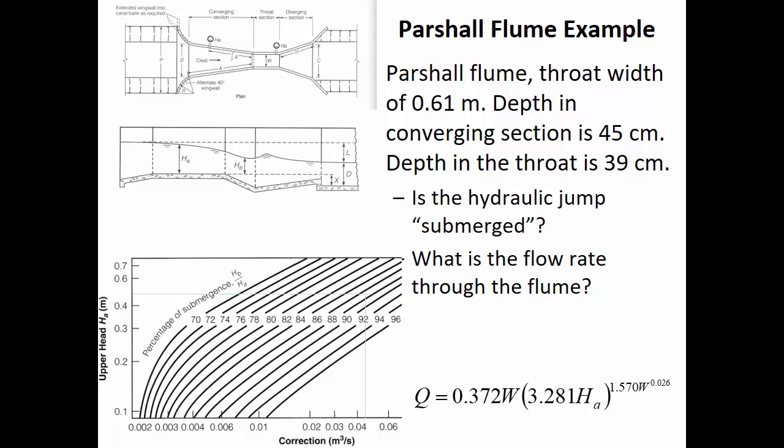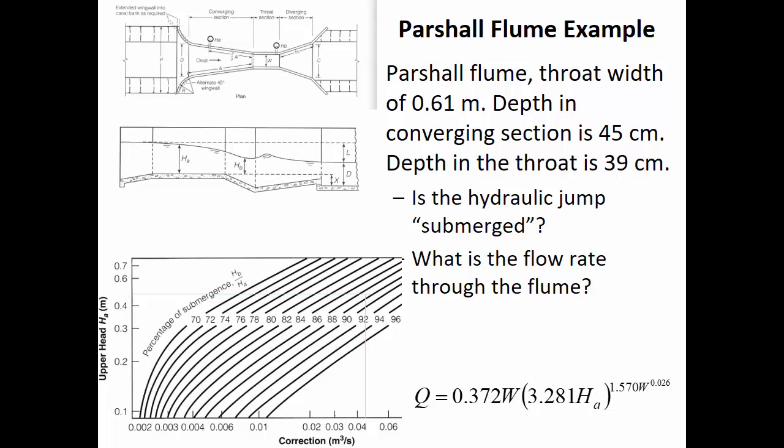So in our case, we have the upstream depth that was measured at 0.45. So I've done my best to estimate where that would be with this light blue line. And we carry it sideways, and we're looking for the intersection with where the 87% curve would be. So 70 is here, 72, 74, here's the 80% curve, 82, 84, 86, and so between the 86 and the 88 is 87.